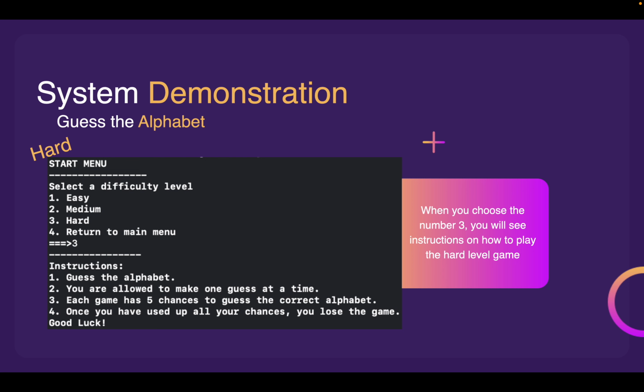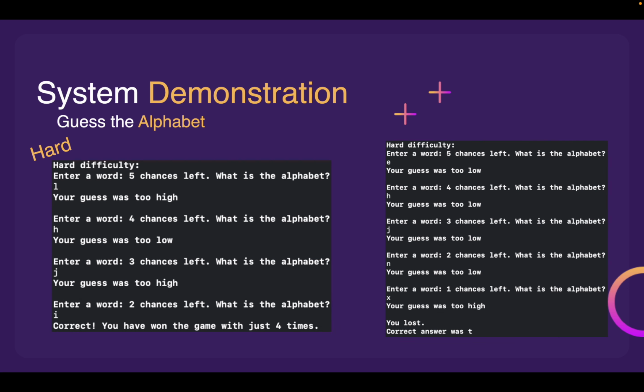And we also have the hard level here. In the hard level, you will see instructions first, then the game will start. Here you will have 5 chances, but you will try to guess the letter among all the letters. And you will receive feedback about the distance of your guess from the letter you need to find.